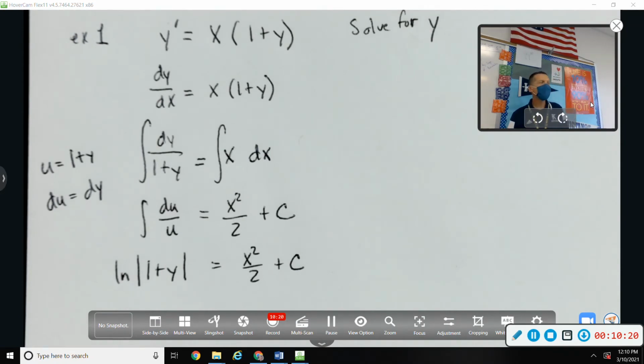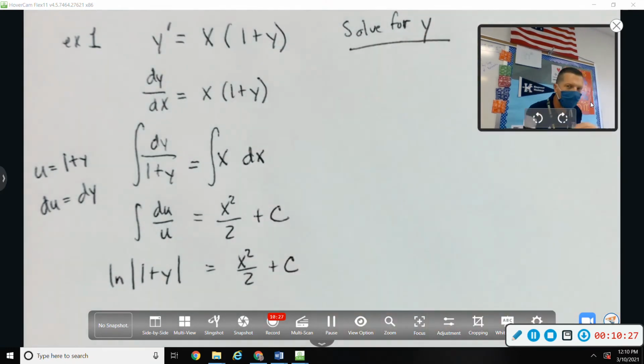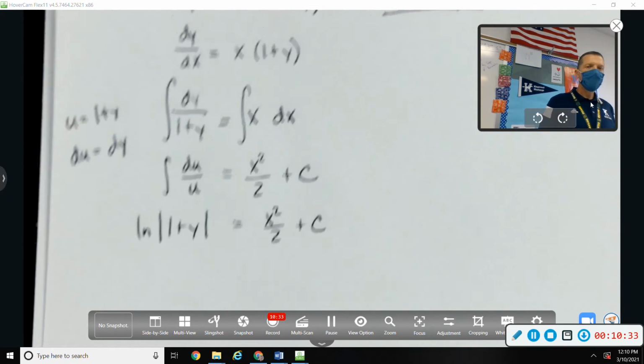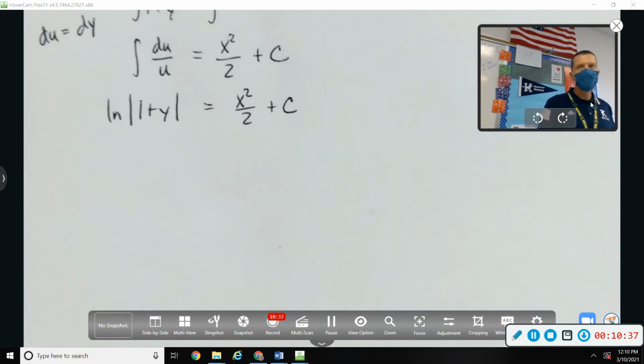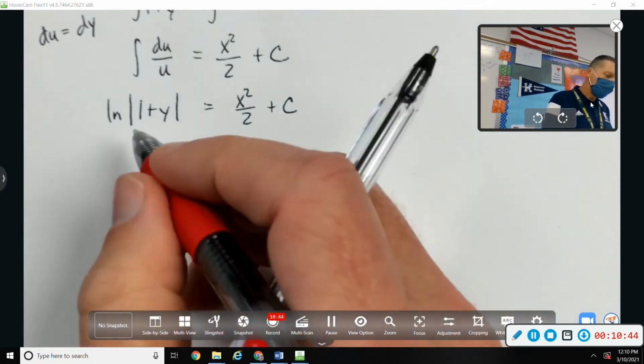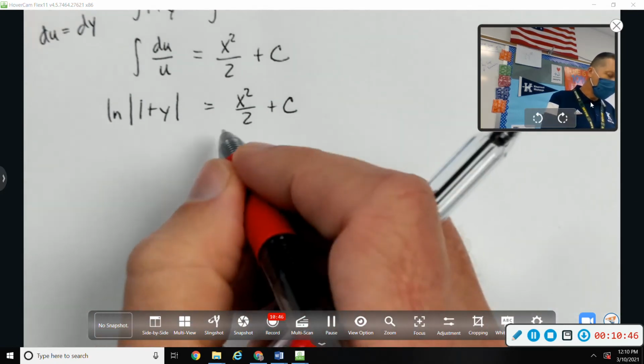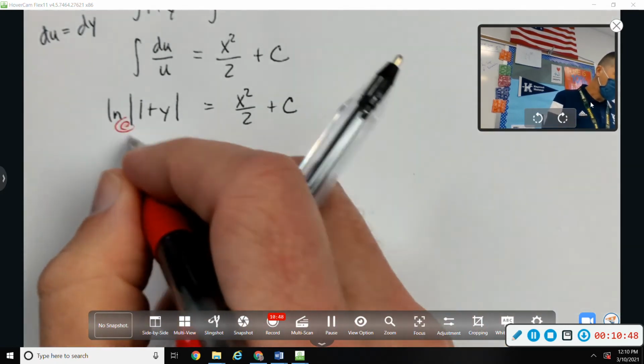Well, calculus is easy, algebra is hard. We're done with the calculus for this problem, but we still want to solve for y, so I've got some algebra steps ahead of me. How could I undo a natural log? What is the inverse of natural log? E. So I'm going to go e to both sides, or I can do the fishhook thing.